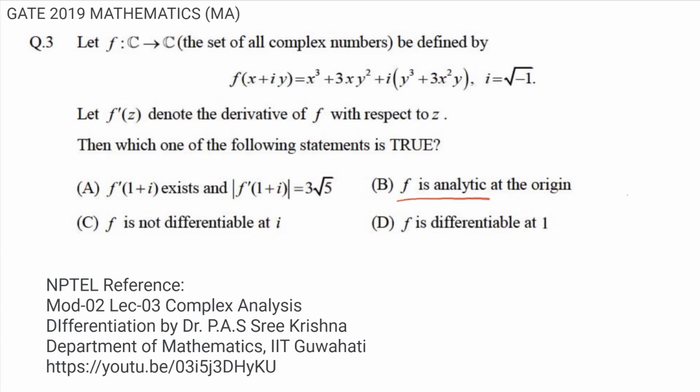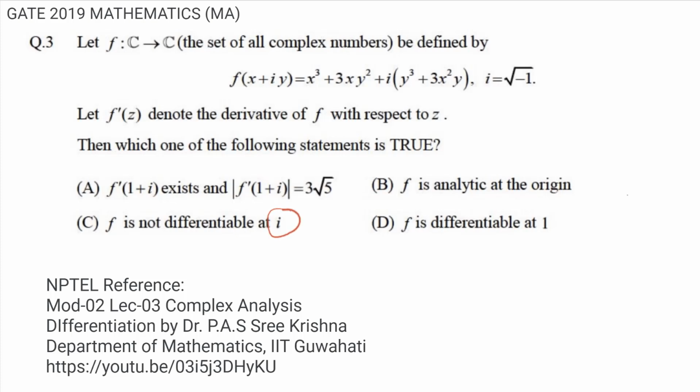Option B, f is analytic. Whenever f is analytic, it has to have a derivative, but since f is not differentiable, we can say f is not analytic.